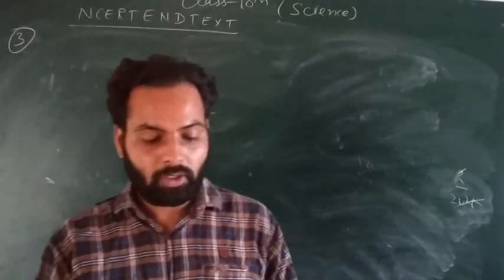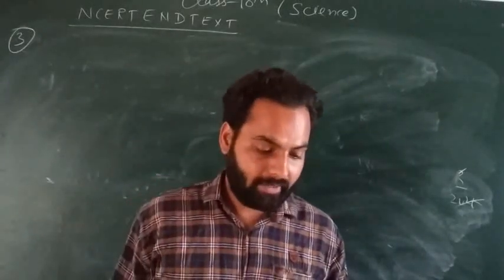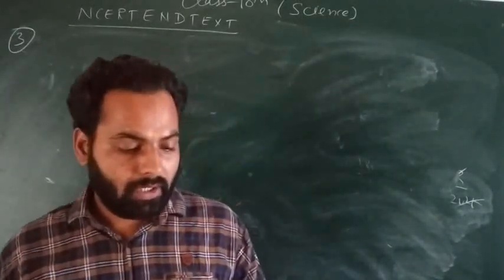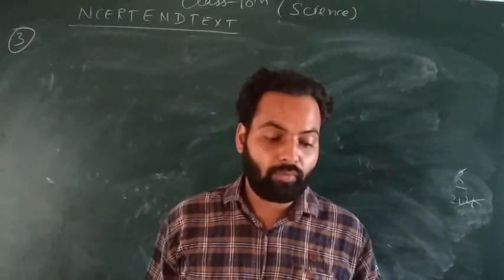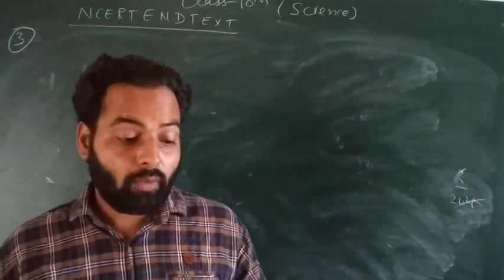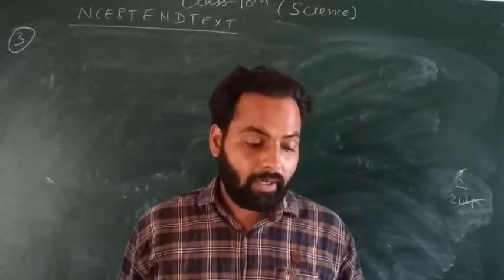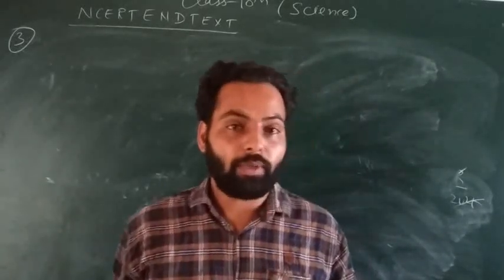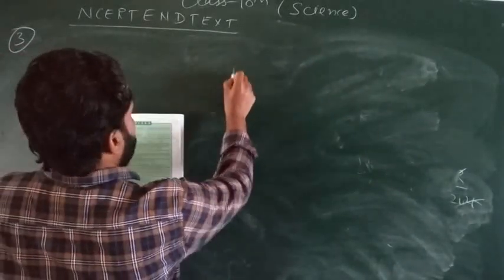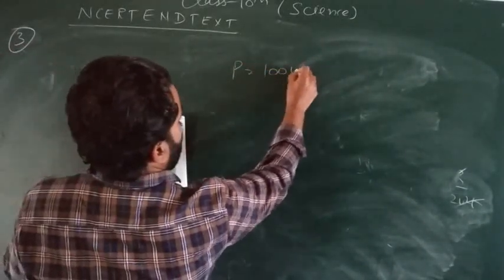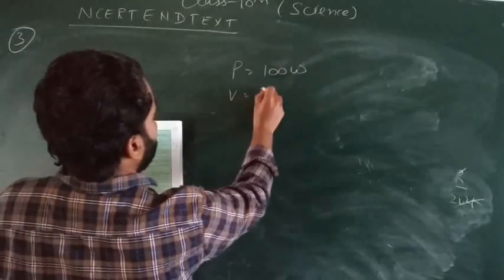NCERT question number 3, solution. In question number 3, they have given an electric bulb rated 220 V and power 100 watt. When it is operated on 110 V, the power consumed will be? So in the bulb, first, its power is given as 100 watt and V is given as 220 volt.